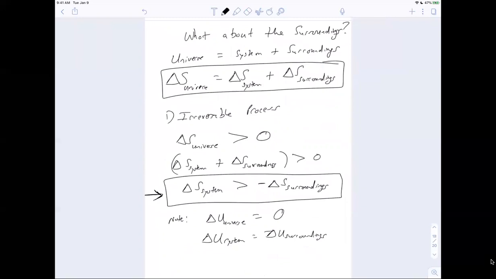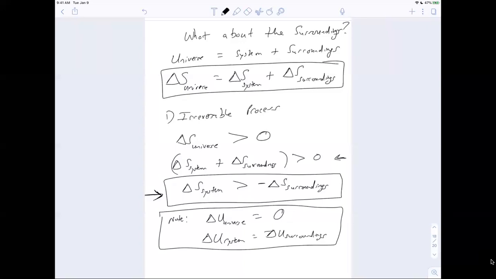That means that addition of two things has to be greater than 0. And that gives us a relationship between delta S system and delta S surroundings. And this is different. I will put this in a box so you can think about this and make sure you understand the difference here. Delta U of the universe is 0, right? This is conservation of energy, the first law. So this is the difference.